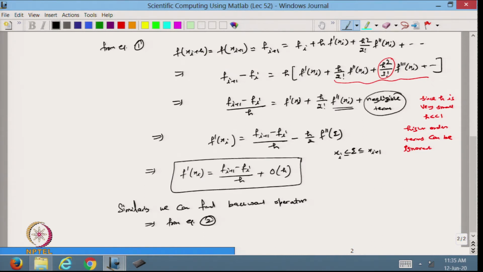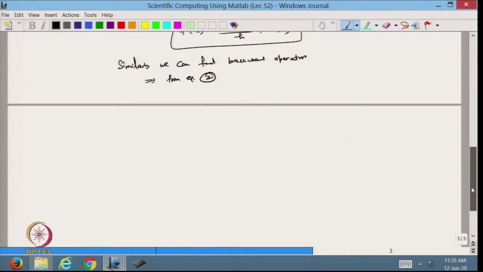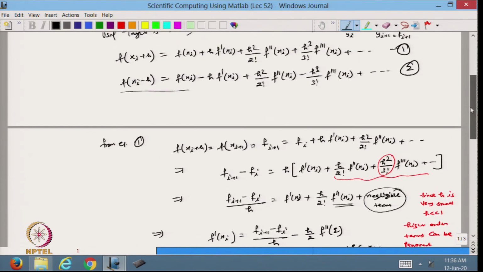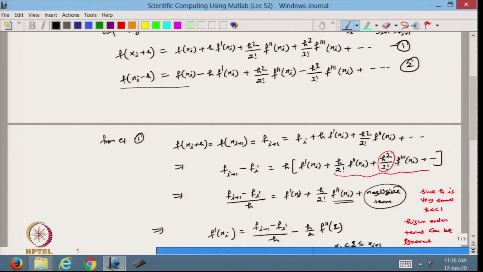From equation 2 we can write f i minus f i minus 1 at xi plus the terms of order h, because everything will be the same in this case. So all the terms I will take on the left hand side, then I will take the negative sign divided by h. So the same thing will happen as what we have done just now.